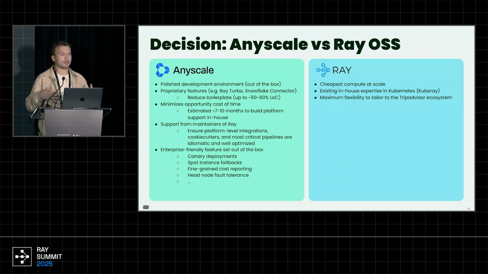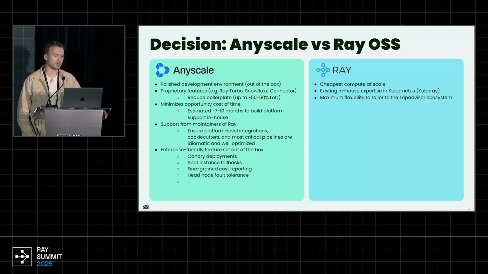And that's not only quite a bit of engineering effort where our platform engineers have many other very valuable things that they could be working on, but it's also time spent where we wouldn't be able to take advantage of some of those order of magnitude improvements that we saw on the last slide. Things like developer efficiency and compute efficiency of the machine learning workloads that we're building. And so for those reasons, we decided to move forward with Anyscale.